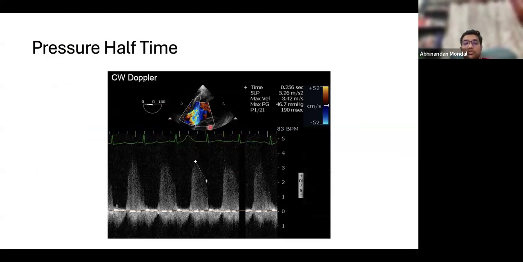This is how you can measure the pressure half time. You trace from the topmost point down to the lowest point from where the abrupt downfall starts. This slope gives you the pressure half time, that is 190 milliseconds. That is giving you a severe AR.